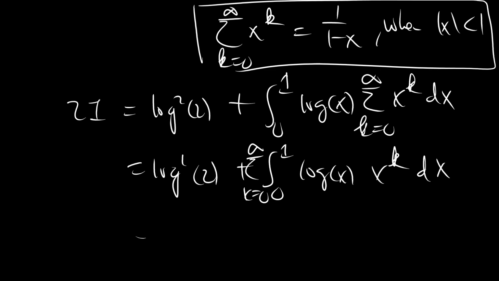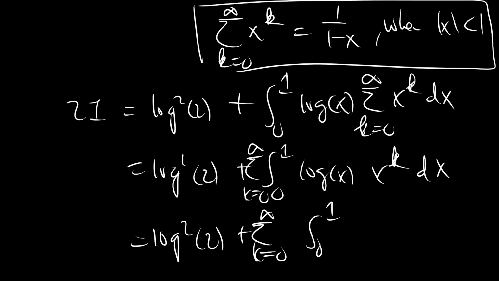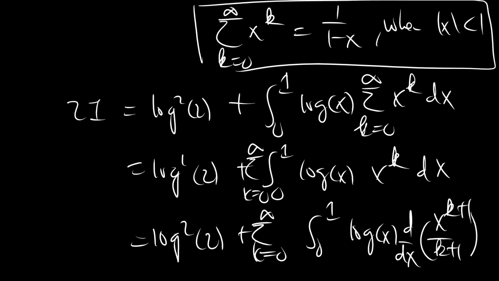Again, integration by parts. So we have the square of log of 2 plus the summation from k equals 0 to infinity of the integral from 0 to 1 of log of x times the derivative of x to the k plus 1 over k plus 1 dx.